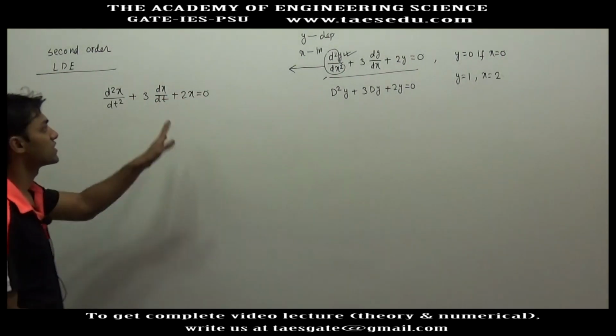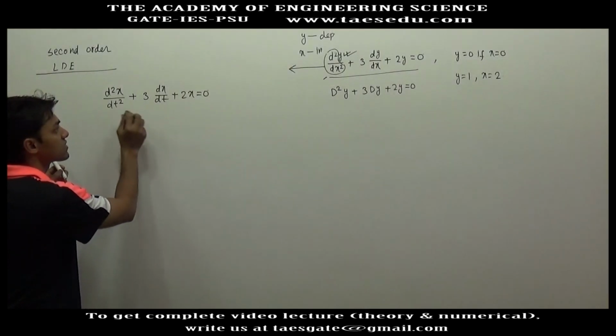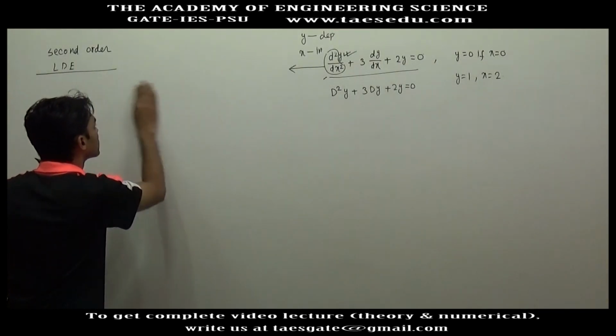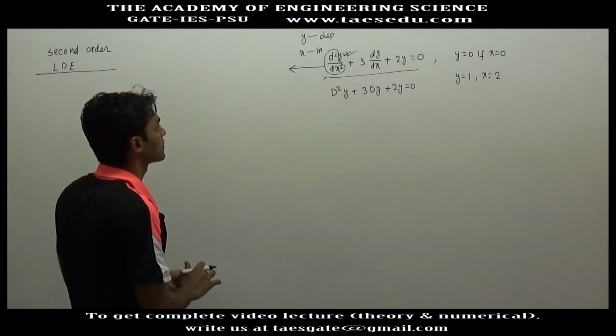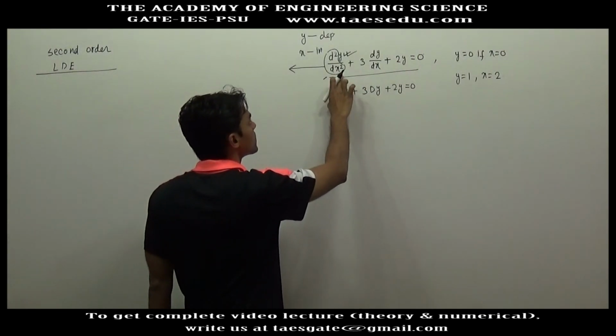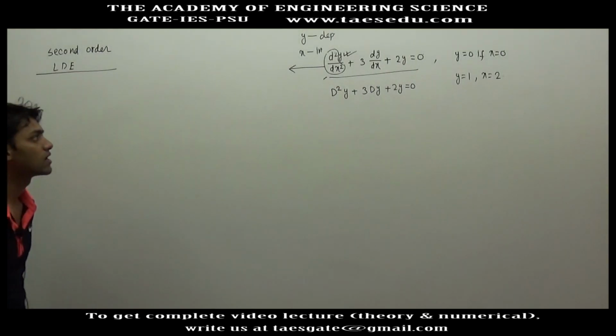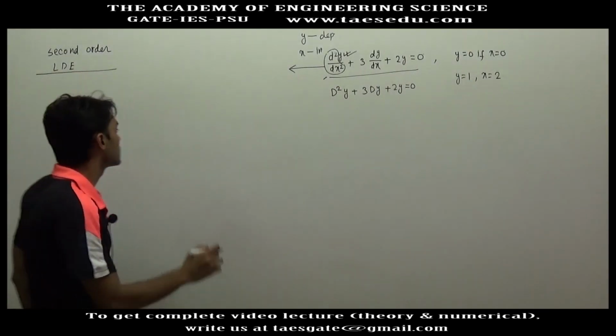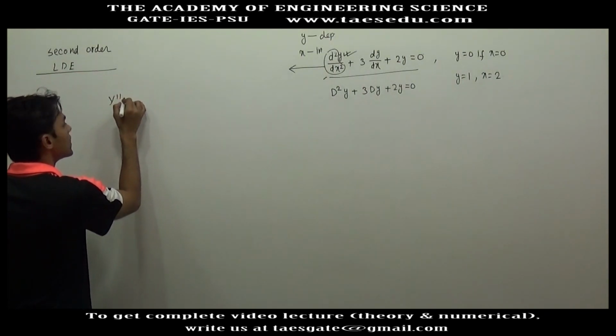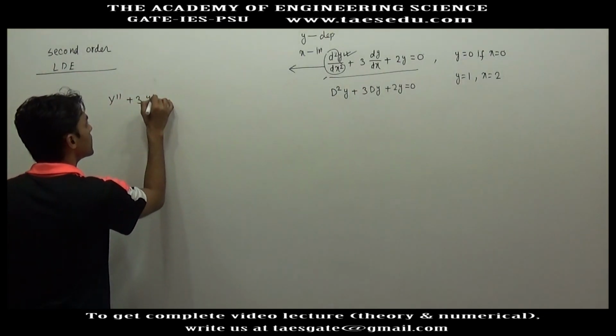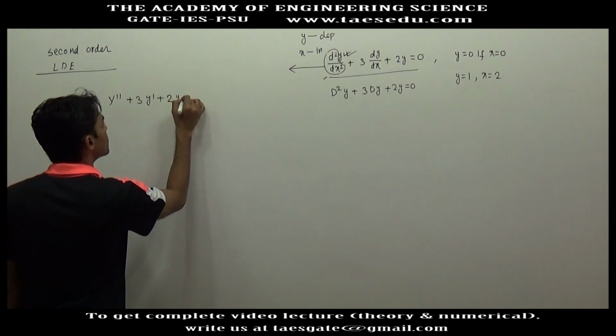Or let us not change it. x is the independent variable and y is the dependent variable. Then what will be the Laplace of dy by dx? We will write it as y double dash plus 3y dash plus 2y equal to 0.